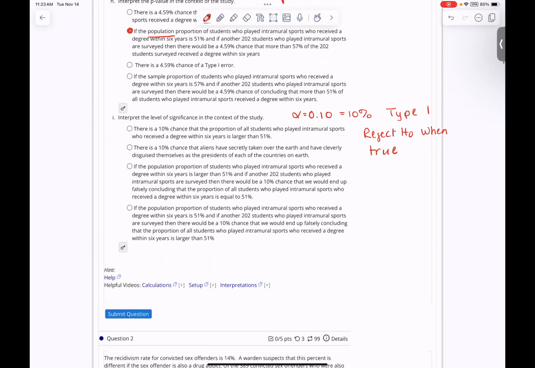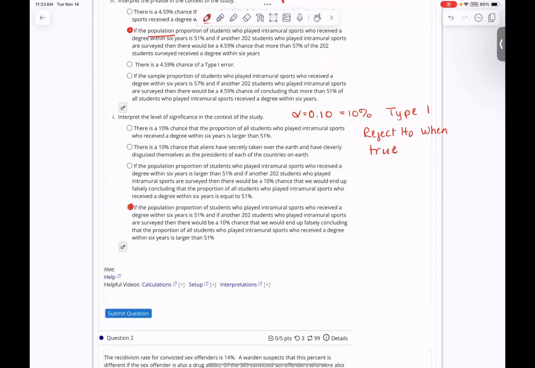No, that's not it. We would falsely conclude that it's actually larger than 51% when it isn't. We would accept the alternative when it's actually not true.